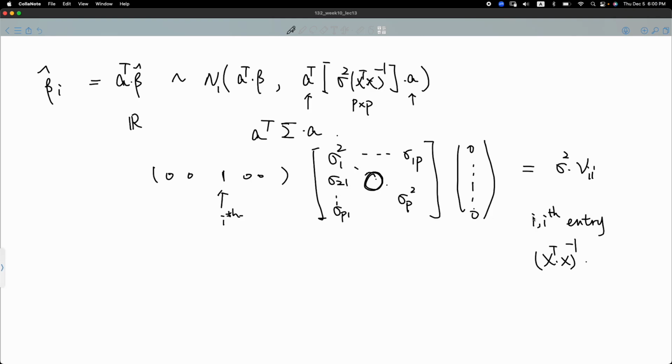If you want to try it, you can just expand the term here. You will see that your result is just going to be the ith entry on the main diagonal of this matrix. So we're just giving a name, v_ii, but essentially it's just a numeric tool to help you get that particular element from that matrix. Okay.